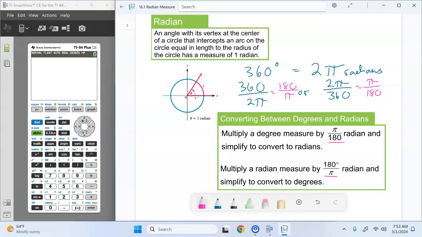Whichever one we use is going to be based on what unit we want to end with. If I want to end in degrees, I want my degrees to be the top part of my ratio. If I want to end in radians, I want the pi, the radians, to be the top part of my ratio.